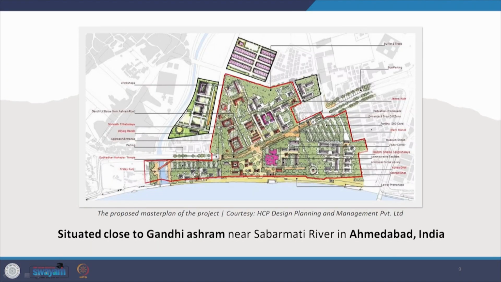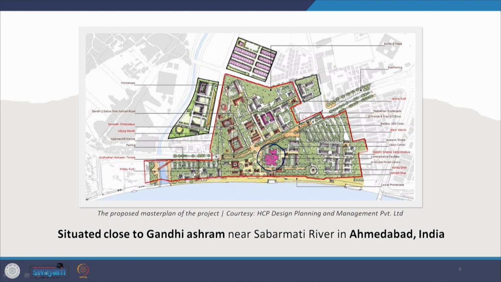So if we look at this site plan, this is actually an evolved site plan. This is a proposed master plan of the Sabarmati Ashram project, which is going to be executed by HCP Design, Planning and Management Private Limited, that is Bimal Patel's firm. And here is where the Smarak Sangrahalaya is situated in the overall scheme of things.